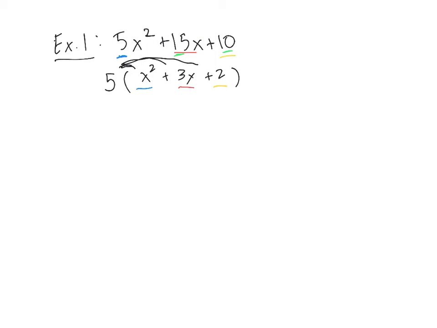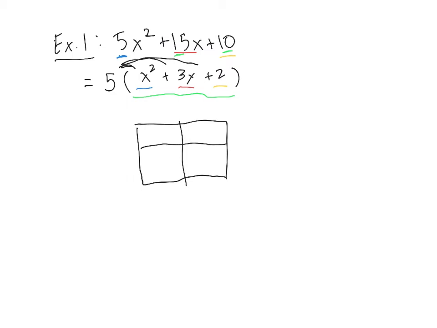So I end up with 5 times x squared plus 3x plus 2. So one thing we might have to do is if there is a GCF, pull it outside, and then we'd be able to factor what's left on the inside, right? So I'd be able to factor with the box my 3-term trinomial that's left on the inside.